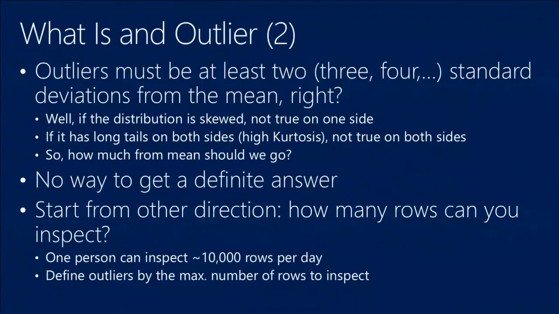So there, again, you see, there is no definite answer. Again, this is something you have to test and learn. And again, you have to start doing this in practice, from the practical perspective. You cannot invent a good measure to declare an outlier.